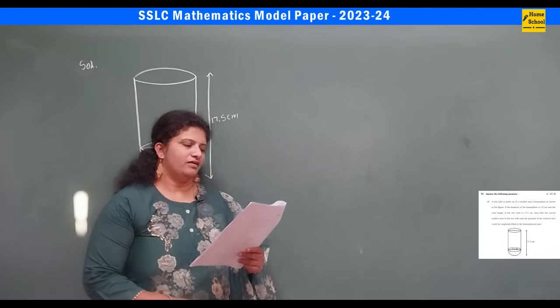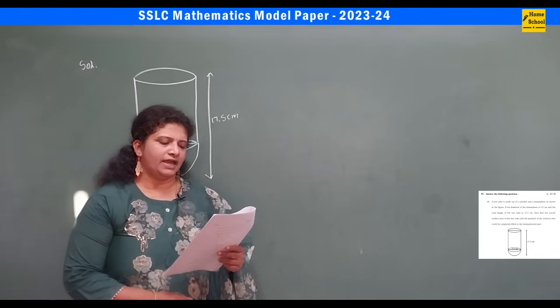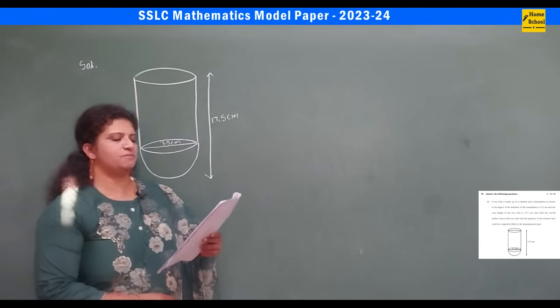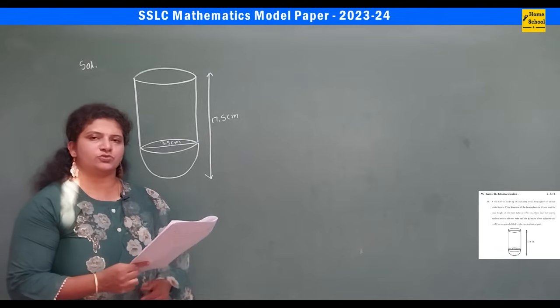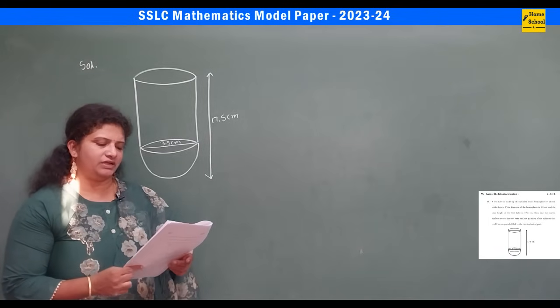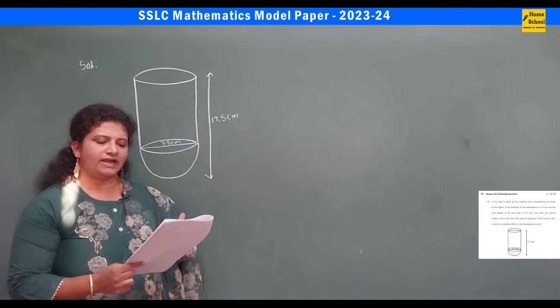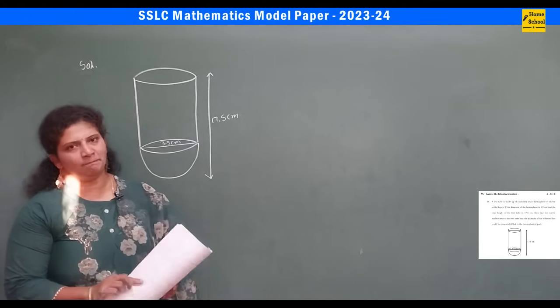38th one, a test tube is made up of a cylinder and a hemisphere as shown in the figure. If the diameter of the hemisphere is 3.5 centimeter and the total height of the test tube is 17.5 centimeter, then find the curved surface area of the test tube and the quantity of the solution that could be filled in the hemispherical part.